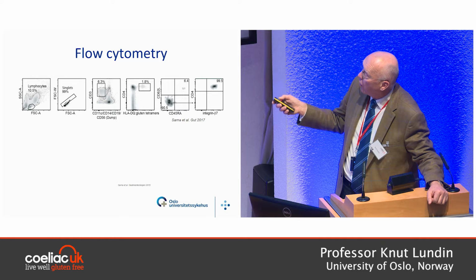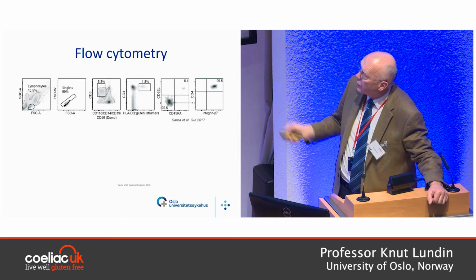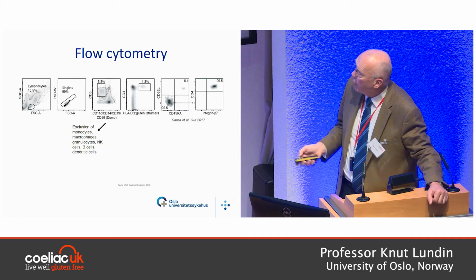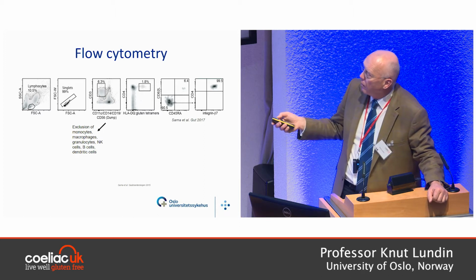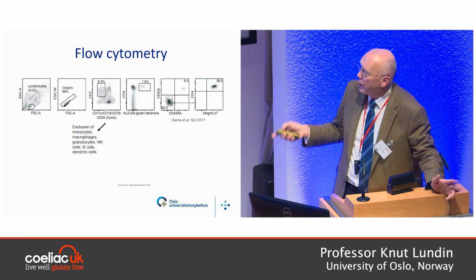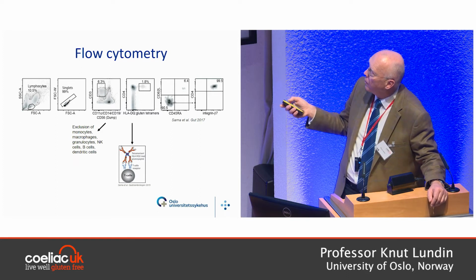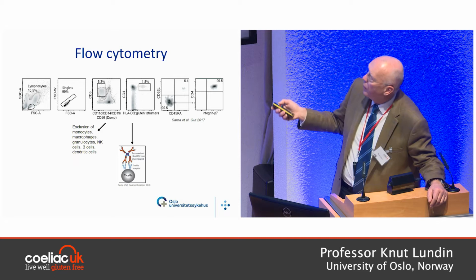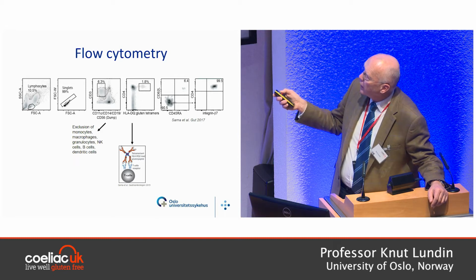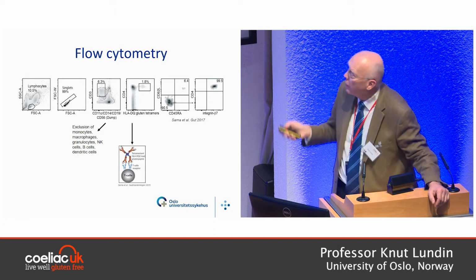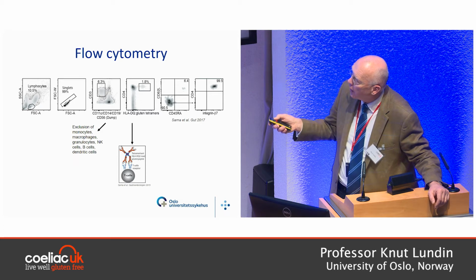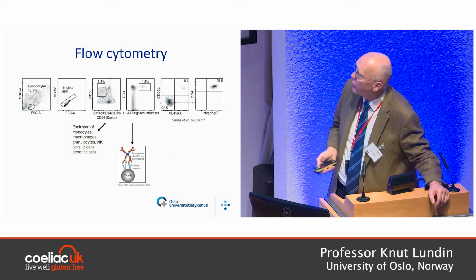You can do another separation where you exclude the monocytes, the macrophages, the granulocytes, etc. You can take the next step with the HLA tetramer, the next staining procedure, and you can isolate this 1.8% of the cells. So now these are 1.8% of the starting population.